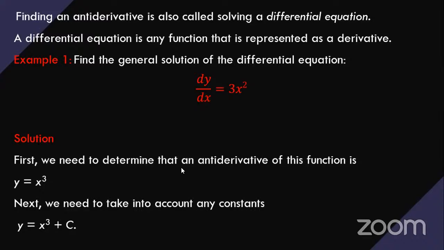We need to determine an antiderivative of that function. Next, we need to take into account any constant, which says y equals x cubed plus c, c standing as a constant.